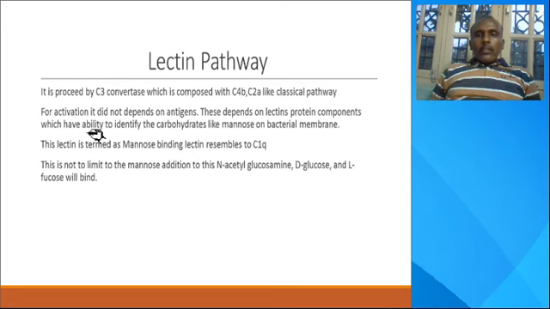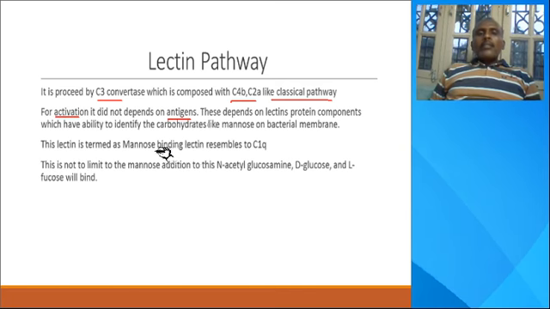The next topic is the lectin pathway. The lectin pathway is similar to the classical pathway. In the alternate pathway, there is no requirement for C2 and C4, but here for formation of the C3 convertase, C4b and C2a are required. Its activation does not depend on the antigens directly.